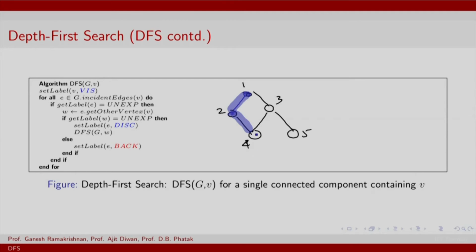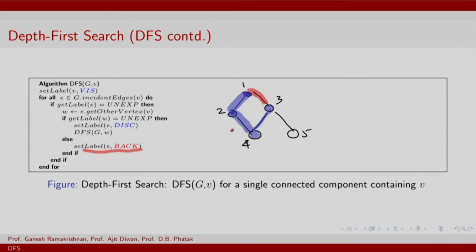So you will do likewise for 4, you perform a DFS and you come across 3, you try and perform a DFS, but you find that this W, the one at least in the first node that 3 is connected to, happens to be already explored. So that is when you decide to set the label of E to a back. This is a back edge. What it means is that we have come across a cycle.